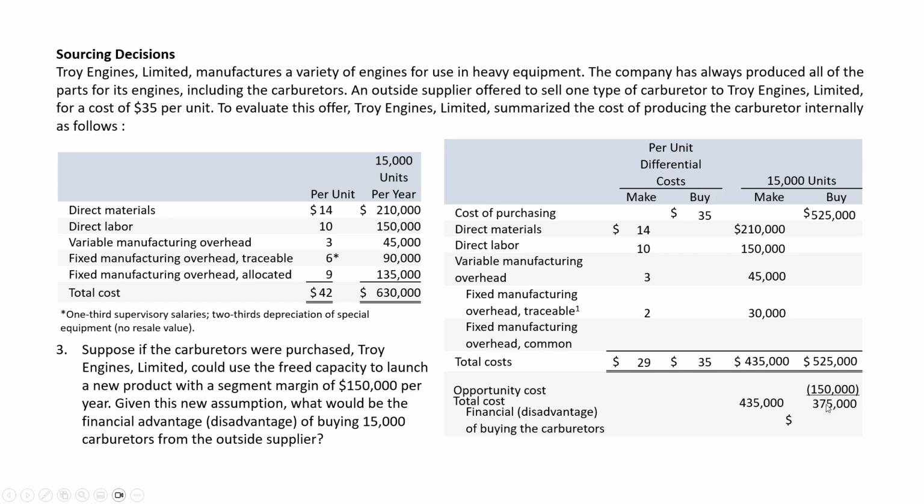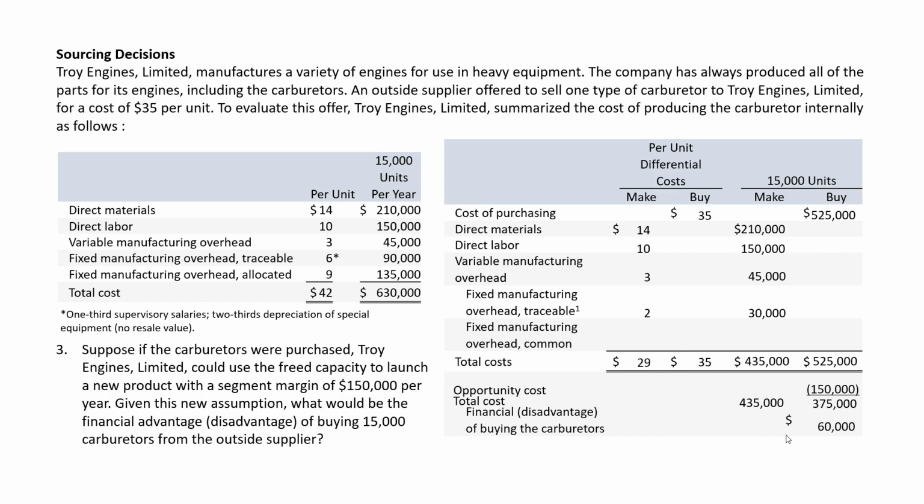And so that would bring our relevant cost to buy down to $375,000, still leaving our relevant cost to make at $435,000. Subtracting that $375,000 from the $435,000 cost to make it, it costs $60,000 less to buy versus make. There's an advantage of buying the carburetors.